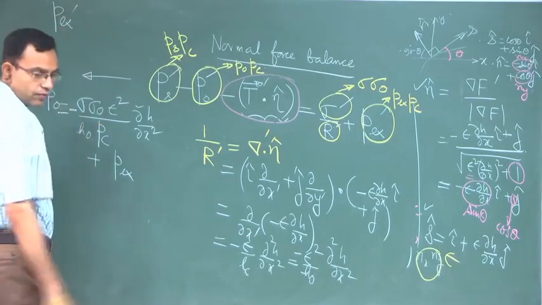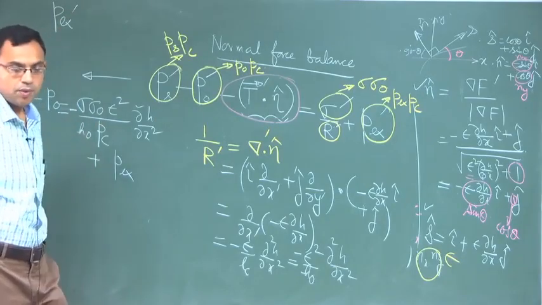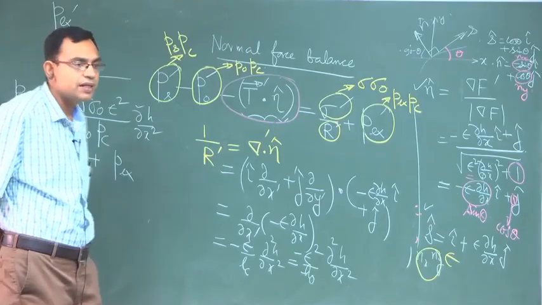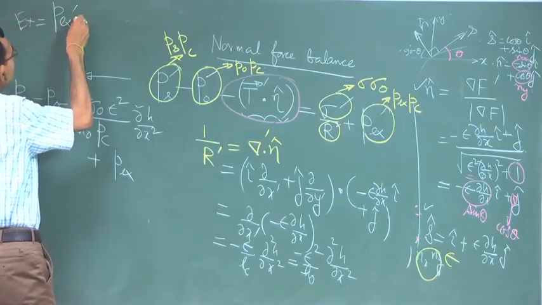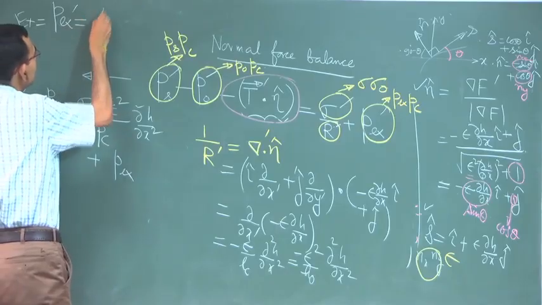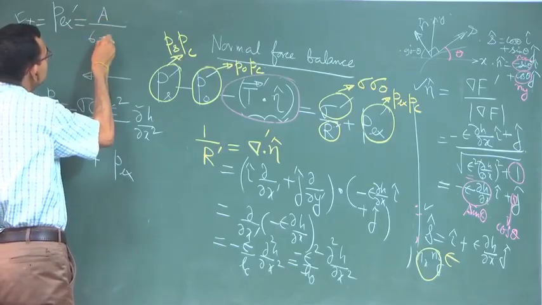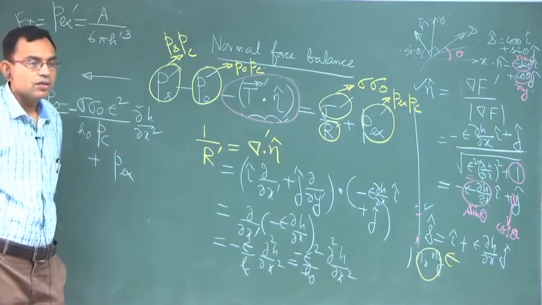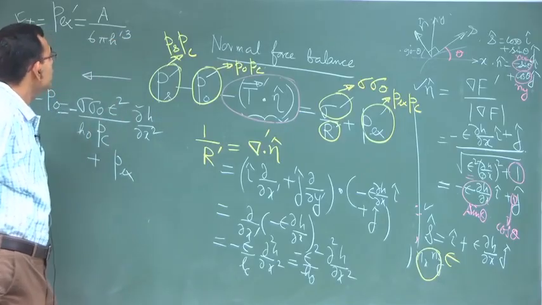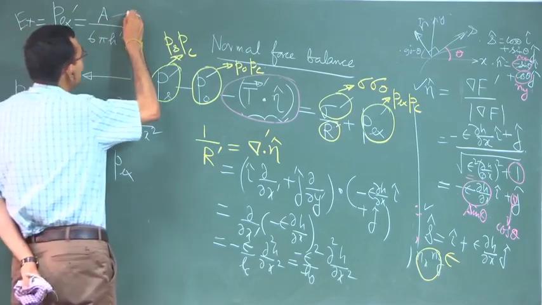in a dimensional form, it is important to see how we write it. So, I give you an example in which it can be written in terms of the film thickness. So, this A is called the Hamaker constant.